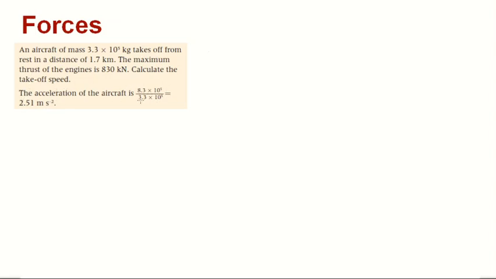So we can find the acceleration of the aircraft. This is F equals ma. Now I know the mass and I know the force. So if I rearrange this, acceleration would be force divided by mass.